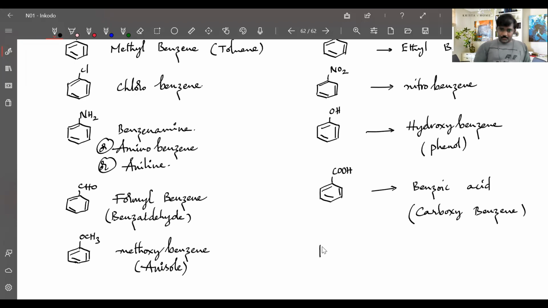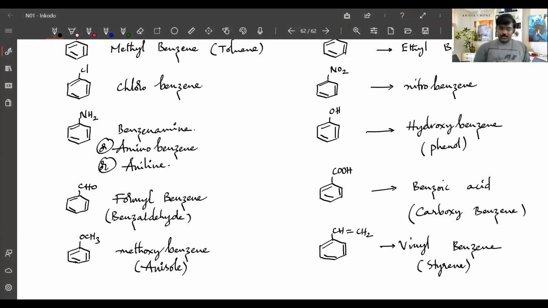Right, so next, on the benzene ring, now I'll attach CH double bond CH2. This we call vinyl benzene, which is also known as styrene. Whatever compounds we are writing now, all these are benzene derivatives only.